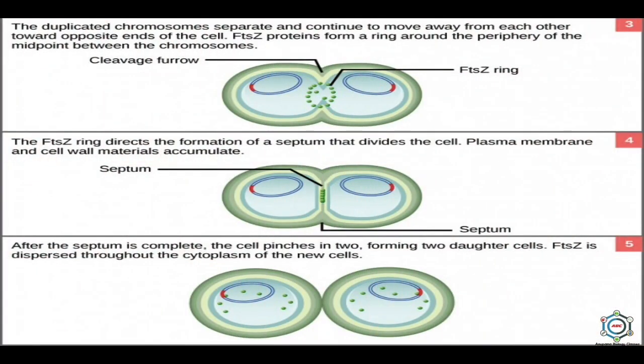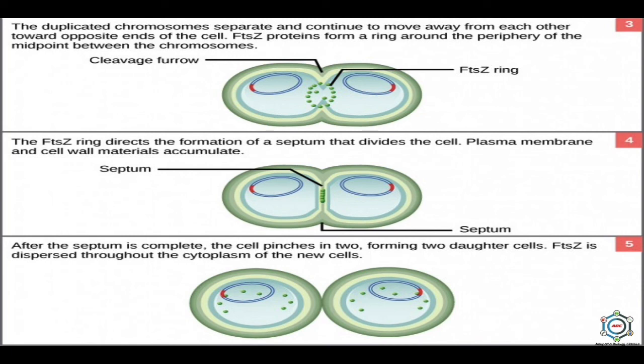Then the duplicated chromosomes separate and continue to move away from each other towards the opposite ends of the cell. And here the FtsZ proteins form a ring around the periphery of the midpoint between the chromosomes. Then the FtsZ rings direct the formation of a septum that divides the cell, and the plasma membrane and cell wall materials accumulate.